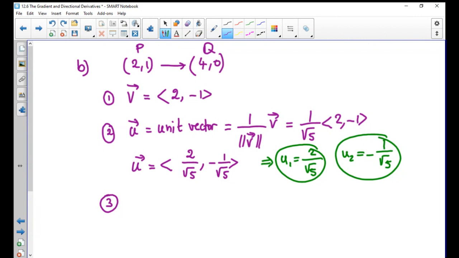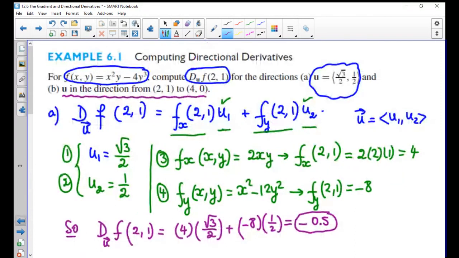You need u1 and u2. You also need fx and fy, which we already have. So we don't need to calculate them again. They're already there, 4 and minus 8, because it's the same point, 2, 1.